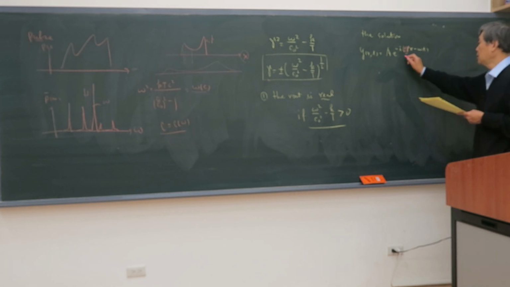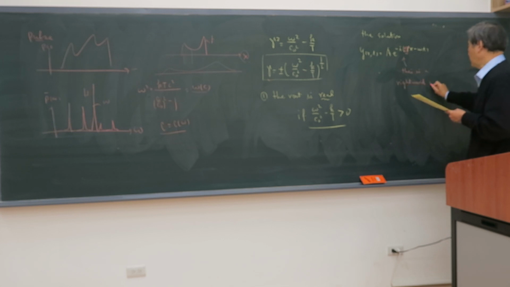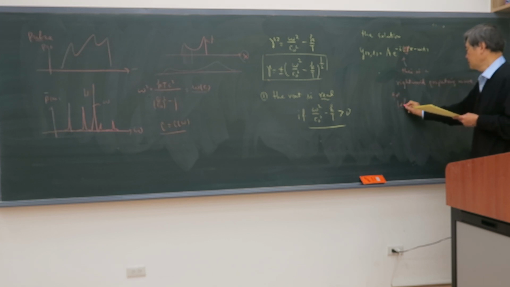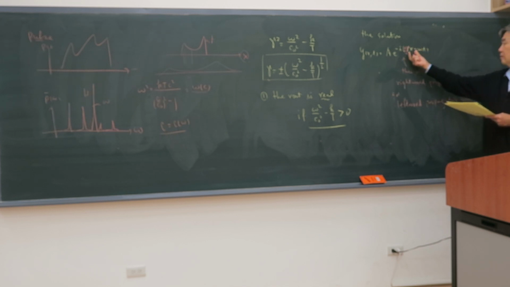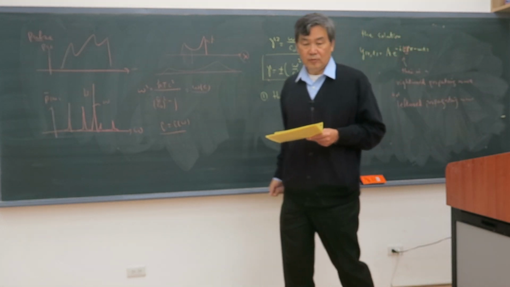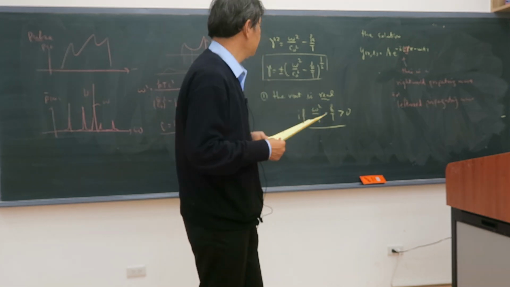So this is a rightward propagating wave, and this is a leftward propagating wave, positive and negative, same sign or opposite sign meaning backward and forward. So this is the first case.